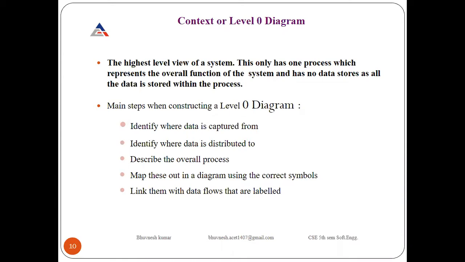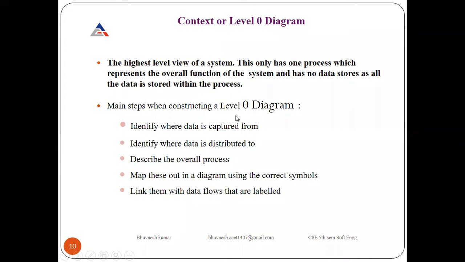This single process represents the overall function of the system and has no data stores. In level 0 there is no data store concept, as all your data is stored within the single process.